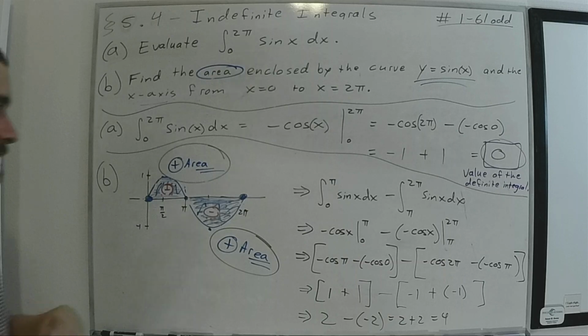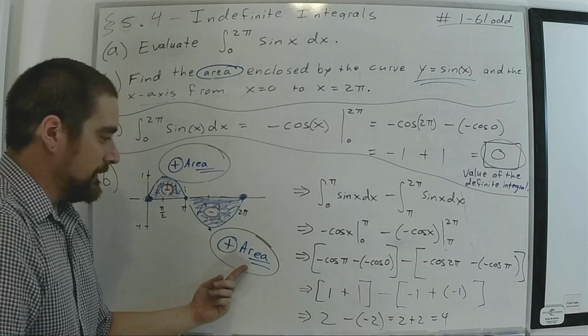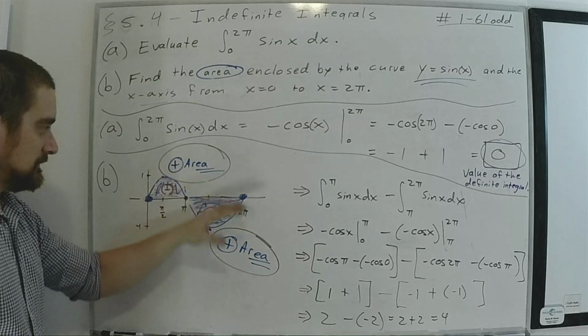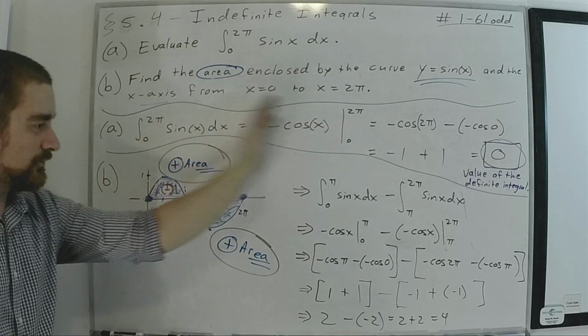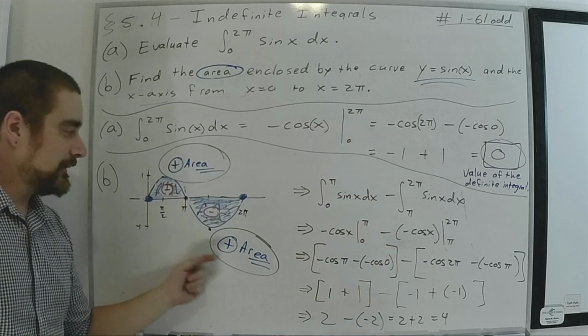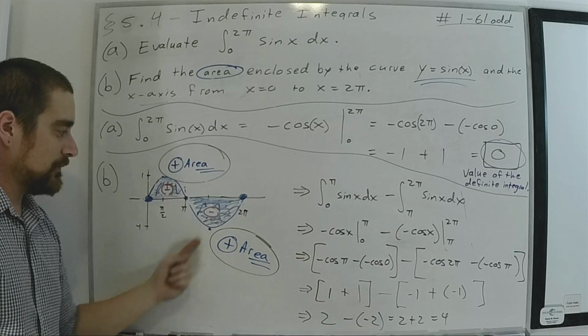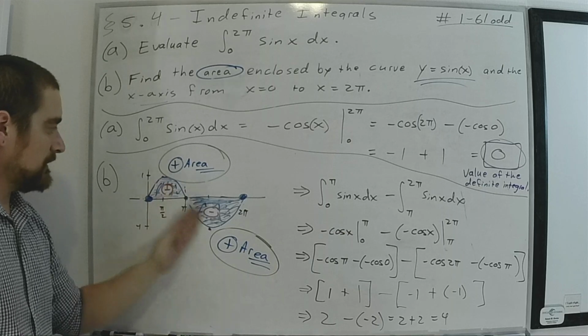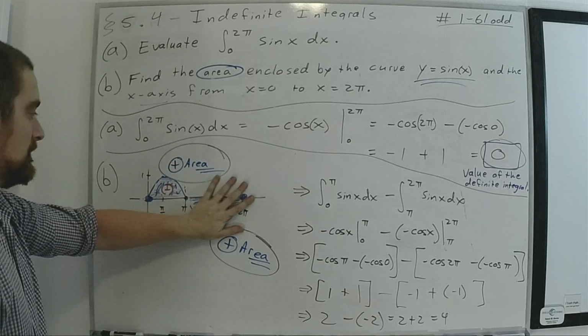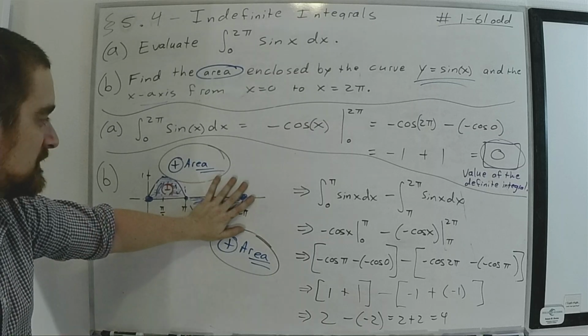So when you talk about the word area, oh boy, you better be careful that you're not negating stuff by going and doing it all in one swoop. You really need to graph the function and look at it so that you know what area you're picking up, so that you know that you're not negating things. Right? If I just swept from 0 to pi, then there'd be no reason for me to have to adjust anything.